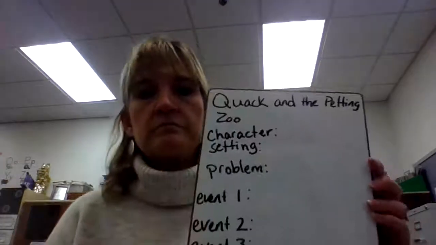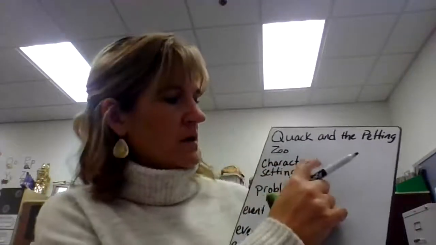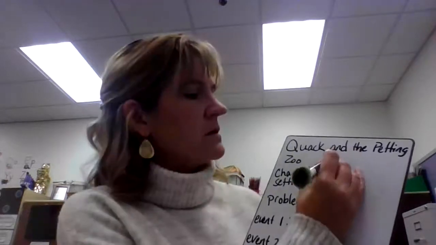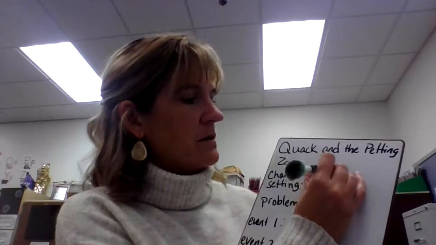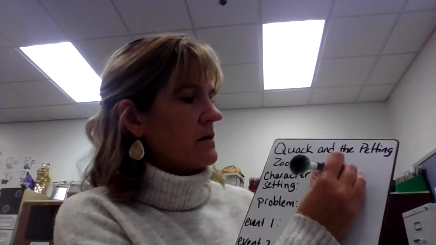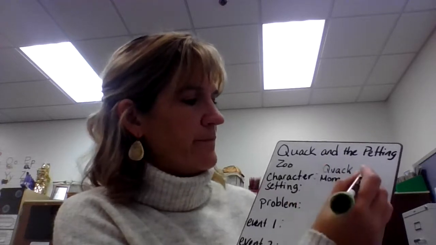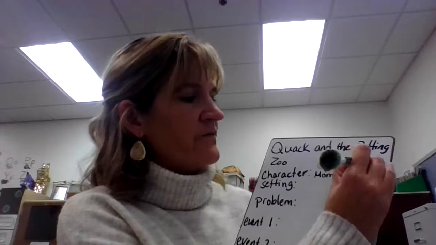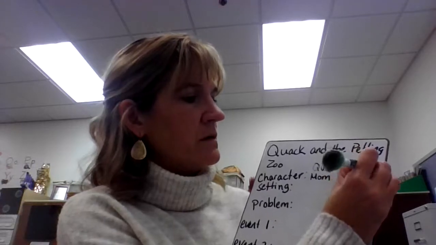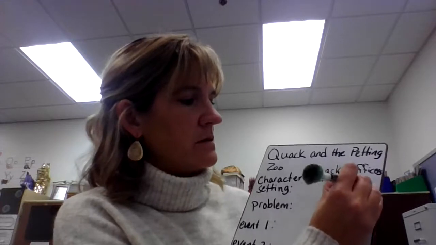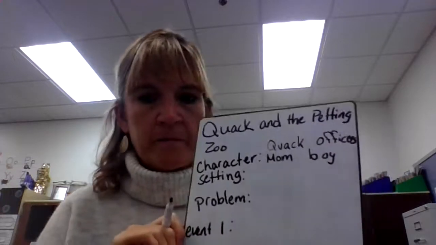Okay, so let's take a few minutes here before we get back into the story and go down here. Who are our characters in the story? We have Quack, the mom, the officers, and the boy. Our characters.